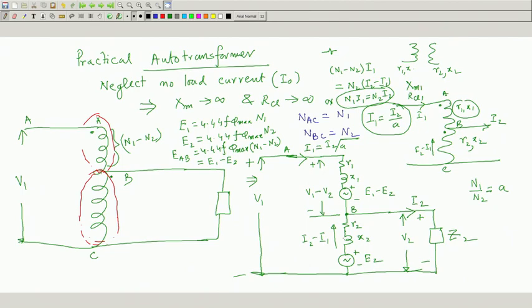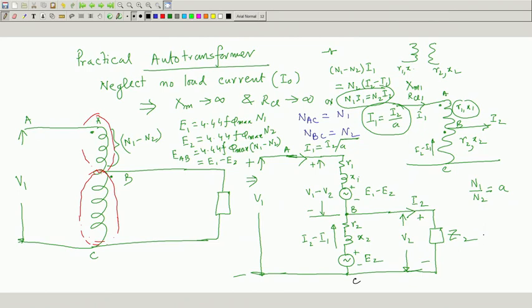These are two different coils, with nothing in common between them. This part has a resistance R1 and leakage reactance X1, and similarly this part BC has resistance R2 and X2, and we know the current distribution, and Z2 is the load.